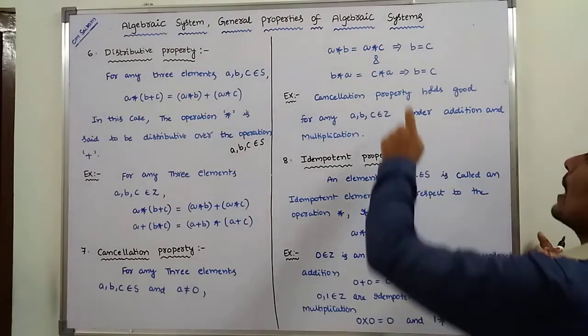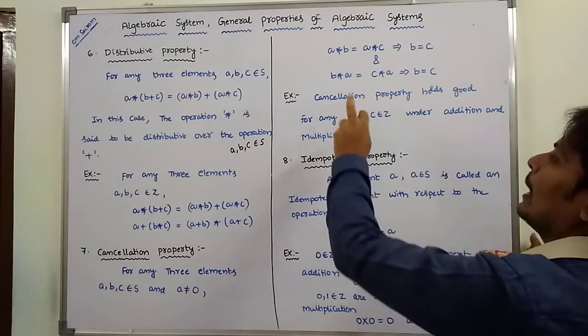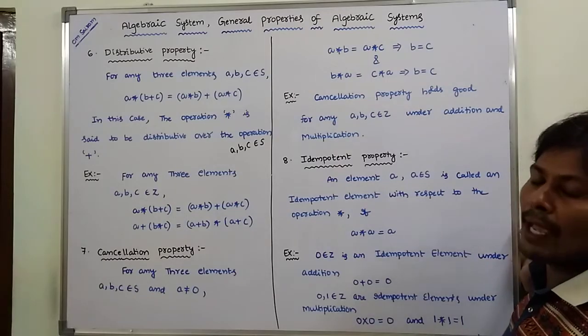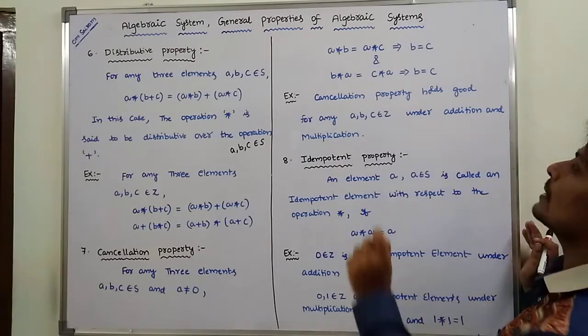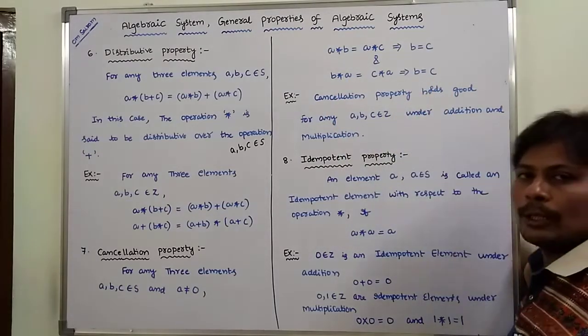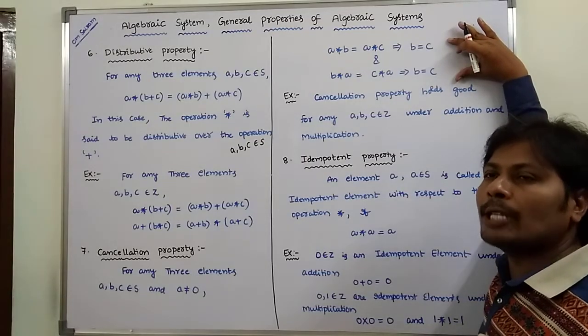In the same way, B star A is equal to C star A. Left hand side and right hand side, the same elements are there. The same elements are cancelled. After that we are getting the result B is equal to C. Okay, so this is called the cancellation property.